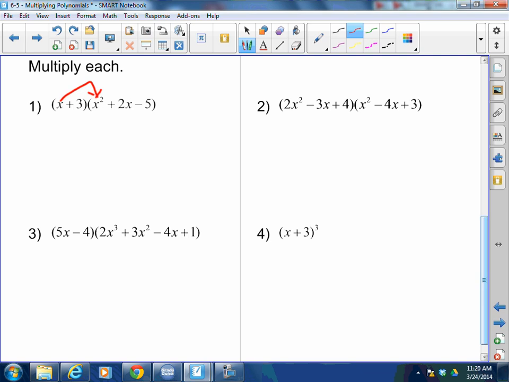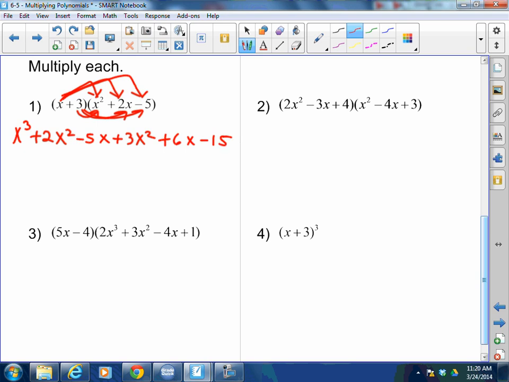So x times x squared is x cubed. X times 2x, 2x squared. X times negative 5, negative 5x. 3 times x squared, plus 3x squared. 3 times 2x, plus 6x. And 3 times negative 5.